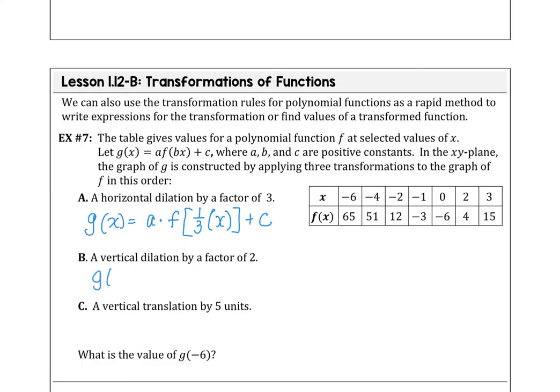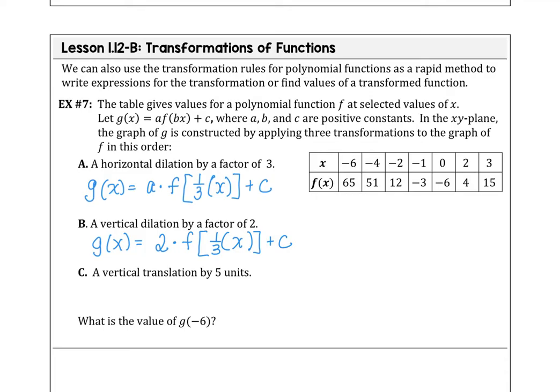So using that same formula, g of x is a vertical dilation factor 2, that's a, times f of 1/3 of some x value plus a c value. And then finally, we want to do a vertical translation by 5 units. So that's going to move our c value up. So using that same formula, g of x is going to be 2 times f of 1/3 of x, plus 5.